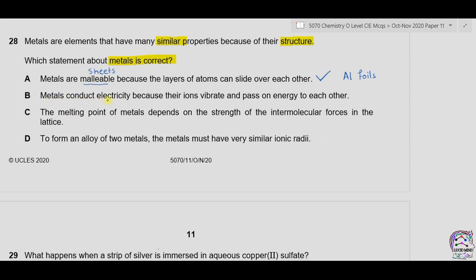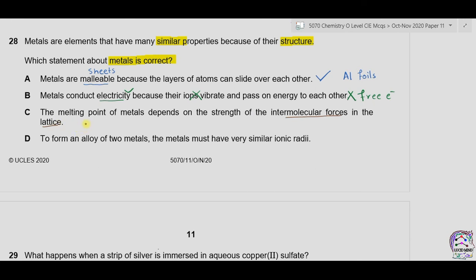B. Metals conduct electricity because their ions vibrate and pass on energy to each other. Now the conduction in metals is not due to the vibration of ions, it is actually due to the presence of free electrons. So B is incorrect. C. The melting point of metals depends on the strength of intermolecular forces in the lattice.